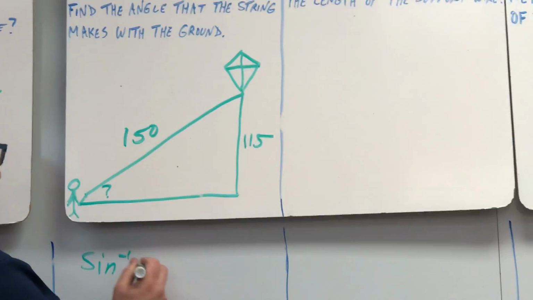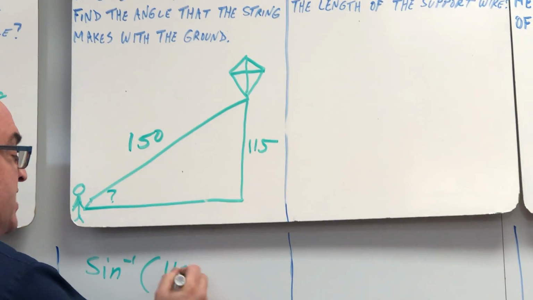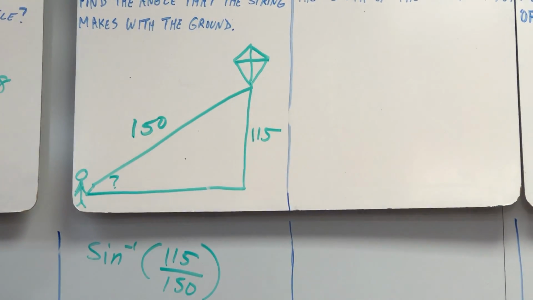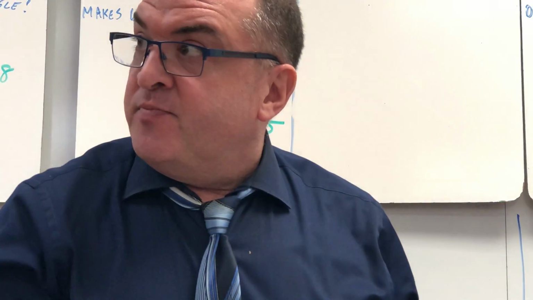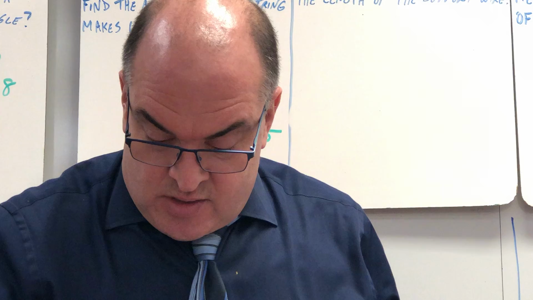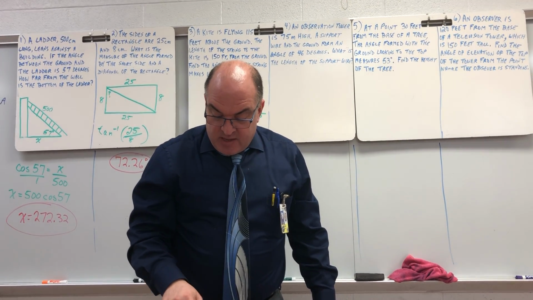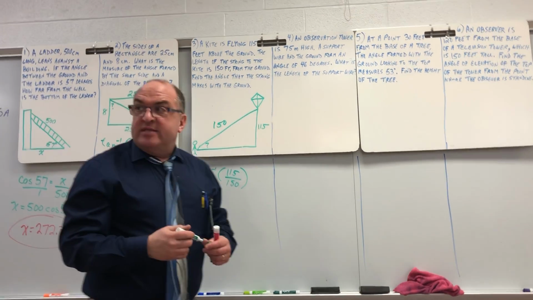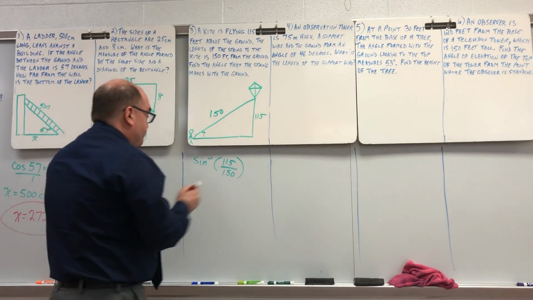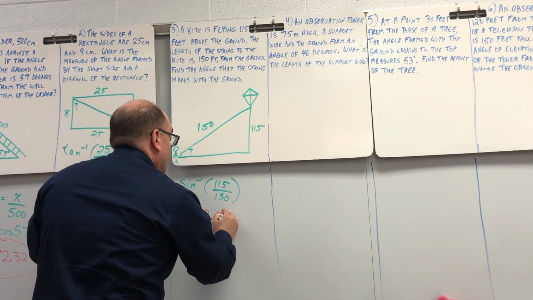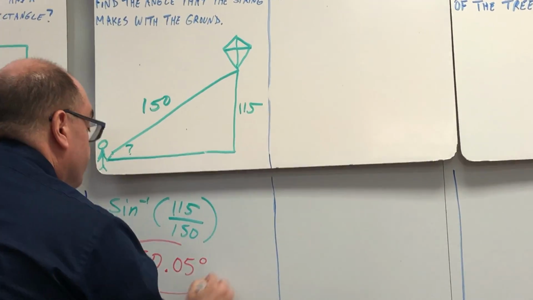Inverse sine, 115 divided by 150. What is inverse sine of 115 divided by 150? 50.05 degrees. Okay?